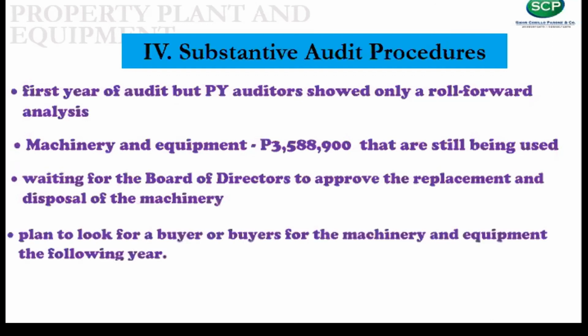However, there's already a plan to look for a buyer or buyers for the machinery and equipment the following year. Because of this plan to dispose of the assets, the client informed you that you will be receiving a copy of the journal entry they are currently preparing to reclassify this machinery and equipment from the property and equipment account to the assets held for sale account.